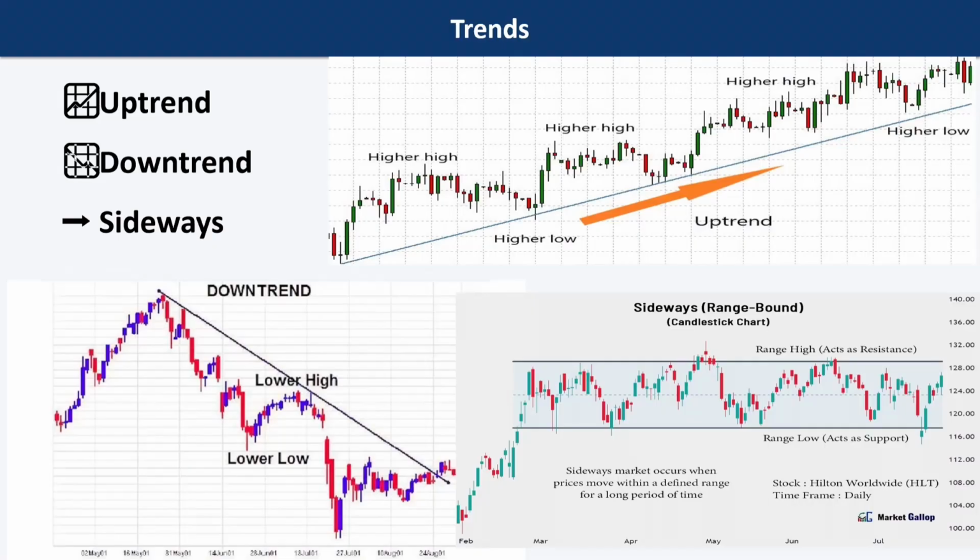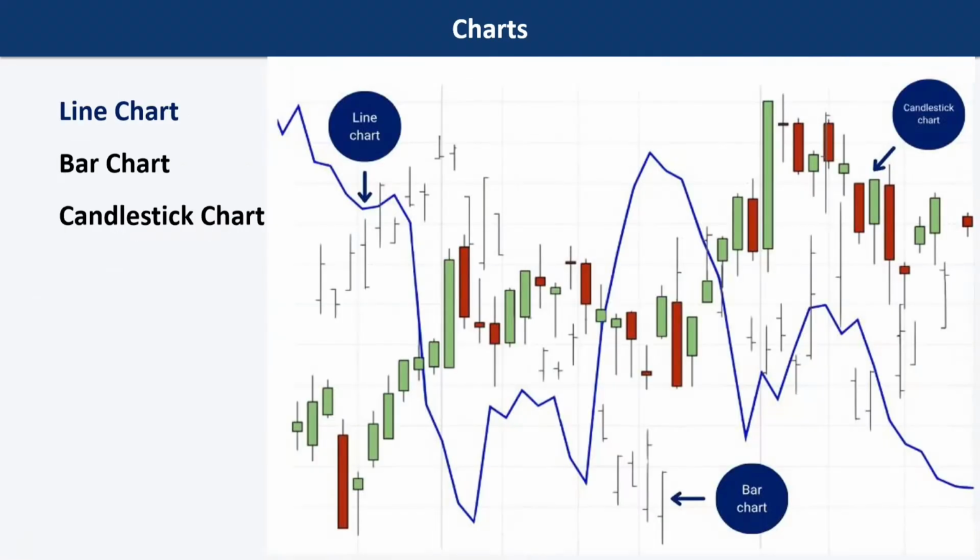Say for example, if the prices are 100, 102, 101, 99, 100, means there is no clear direction. Then it is called what? Sideways. Means when the prices are moving without any clear direction, it is called sideways.